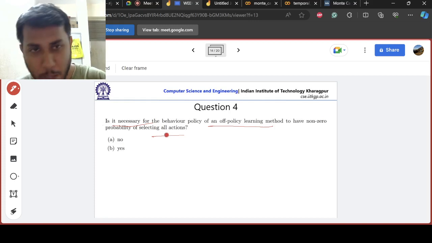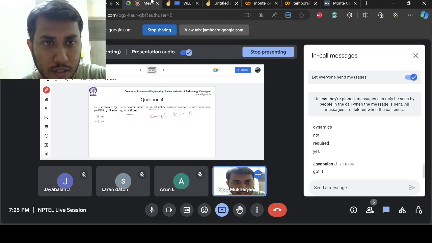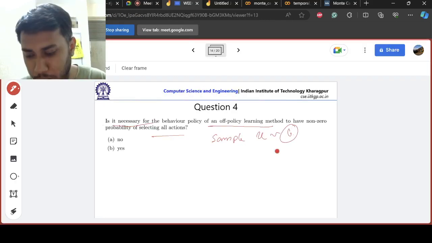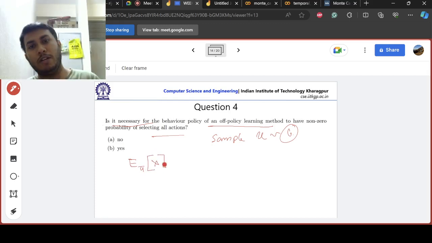Suppose you sample x according to b. So you have b, and you are sampling x according to b. You are asked to find the expectation of x with respect to pi.